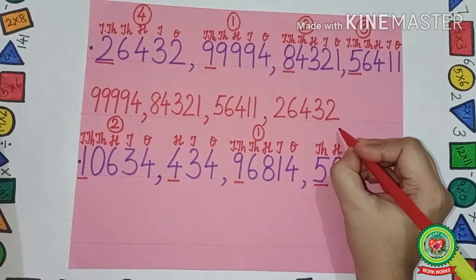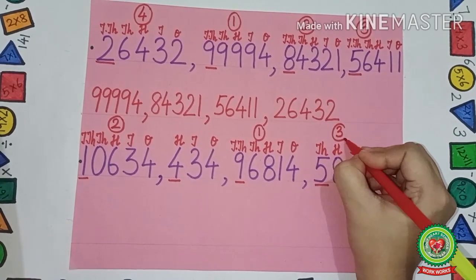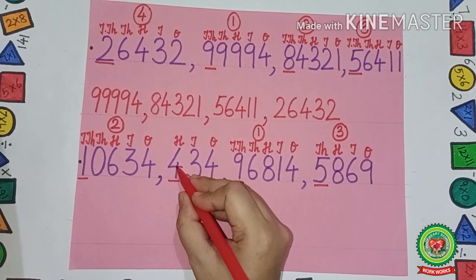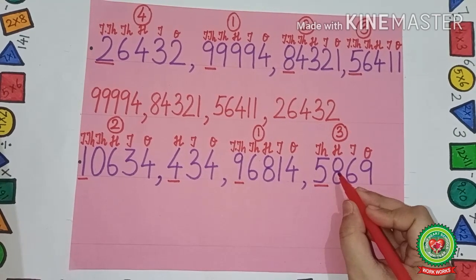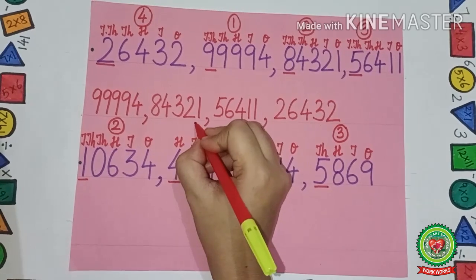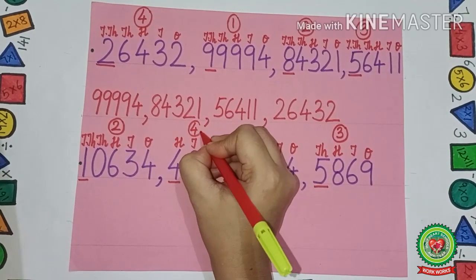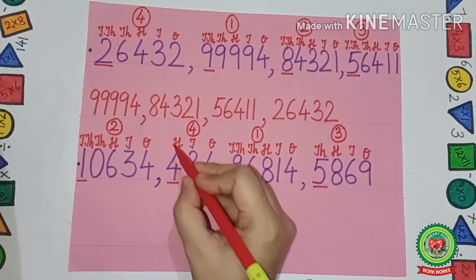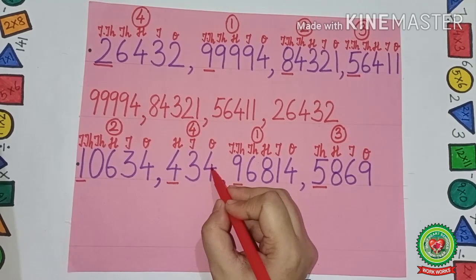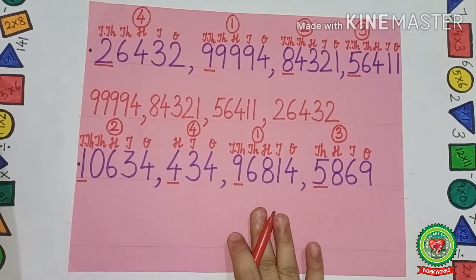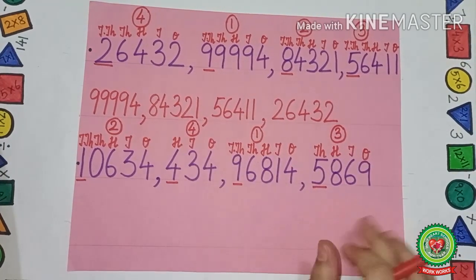So this will be number 3. And otherwise also it is till hundreds place and it is till thousands place. So it is the bigger number. Now the last number will be this one. So we will write over here 4. Because this is going till place value of hundreds. So 434.